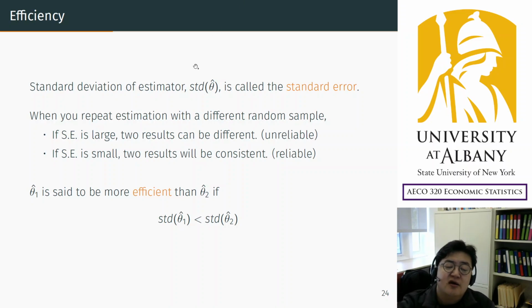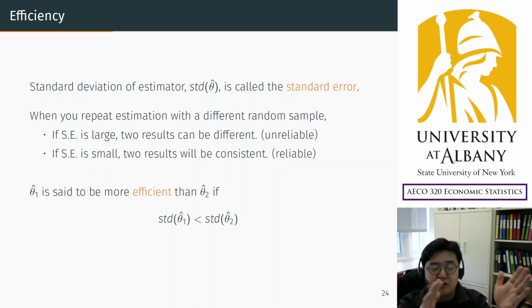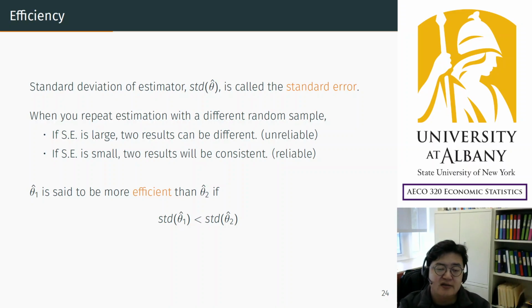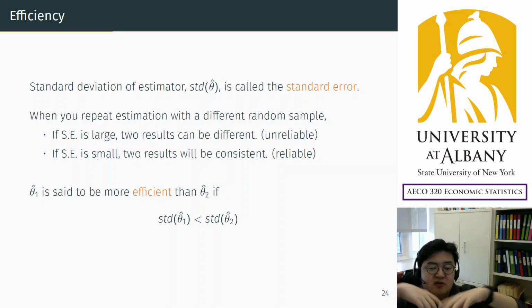If you repeat the estimation again, the underlying experiment is another random sampling. One experiment consists of this: take a random sample, calculate the estimator, compare that with the true parameter, and you get the estimation error. That is one experiment, right? If you repeat, that means you draw a new random sample and recalculate the estimator and the estimation error.